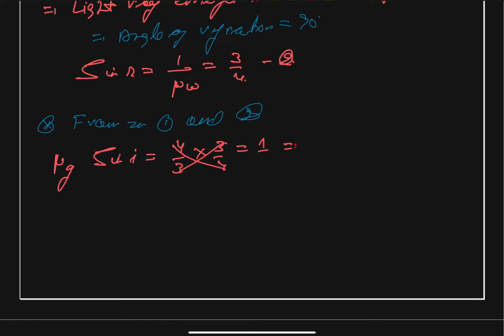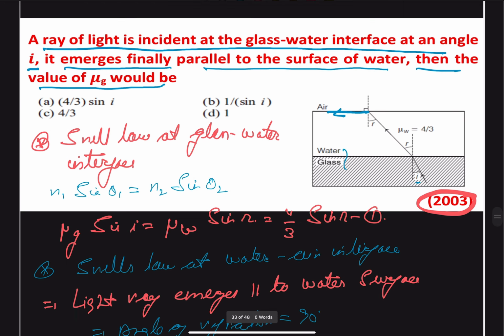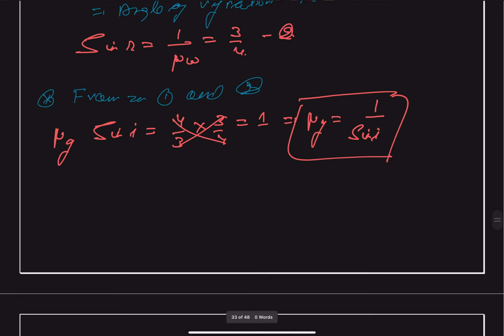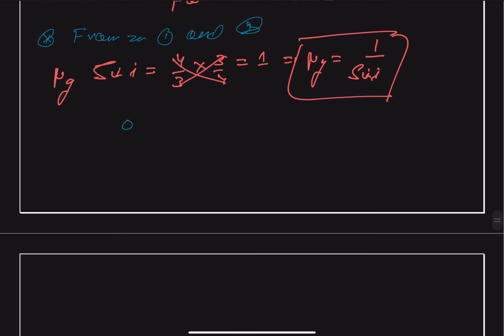So this gives us that mu g, the refractive index of glass, will be equal to 1 upon sine of angle of incidence. So option number B is the correct one. Option B is correct.